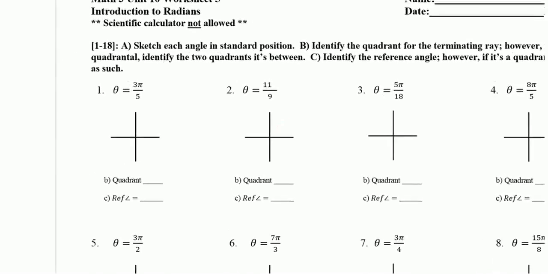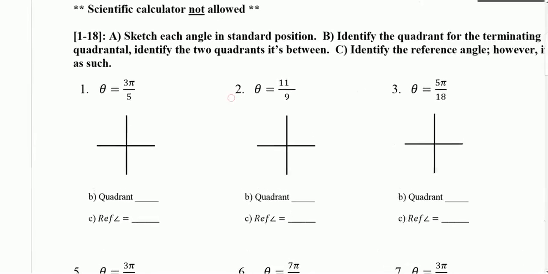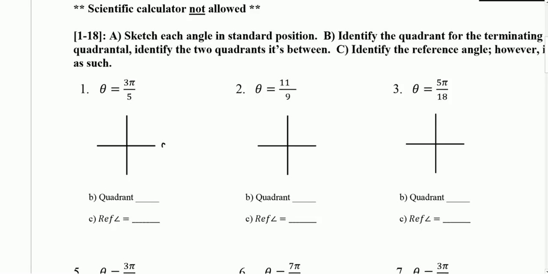So number 1, we have theta is 3 pi over 5, and now we're working in radians, not in degrees. So I'm going to first work in doing this. We have 0 radians and 0 degrees at the same location.